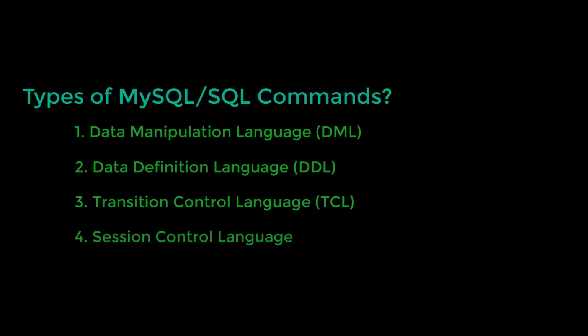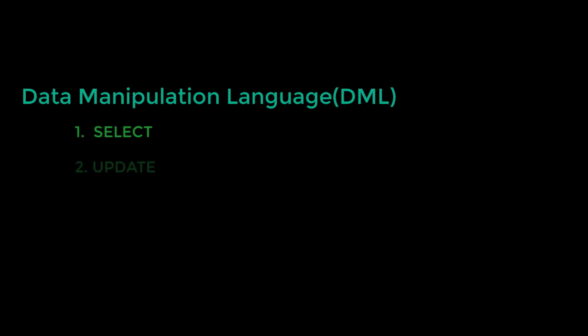Fourth, session control language, and fifth, system control language. But in our syllabus we have to learn only the first two, that is DML and DDL commands. Now, DML commands. There are 4 main DML commands: select, update, delete and insert.